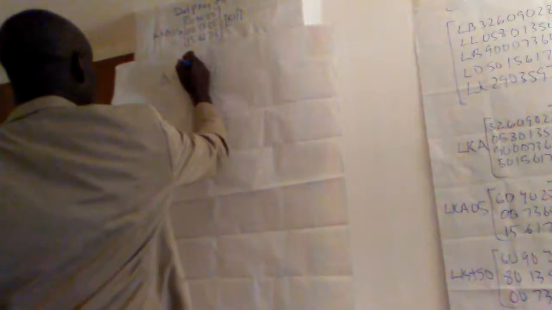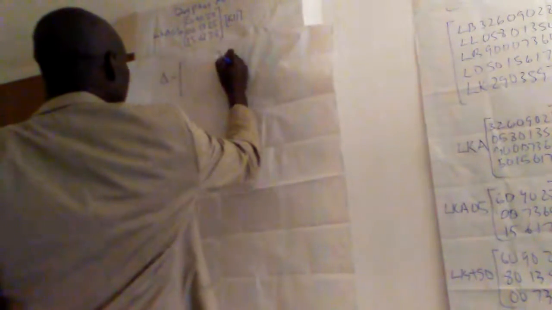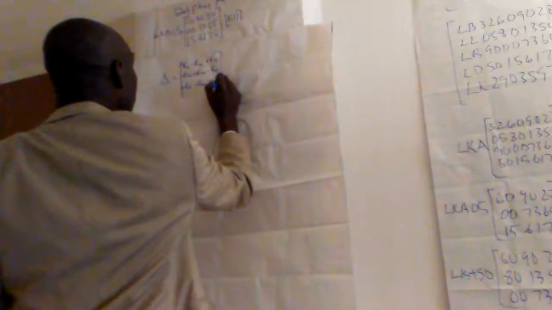Then what we'll have now is that we calculate delta to be equal to the determinant of this matrix. Delta is equal to the determinant, and if we write it in the general form here, it will be the determinant of R11 minus R12 plus R13, minus R21 plus R22 minus R23, plus R31 minus R32 plus R33.